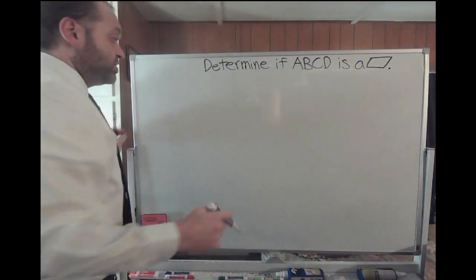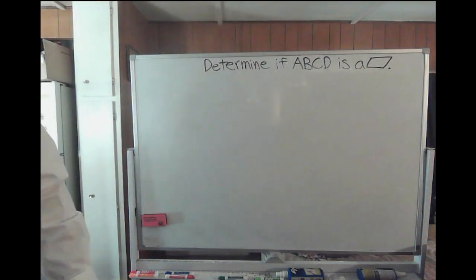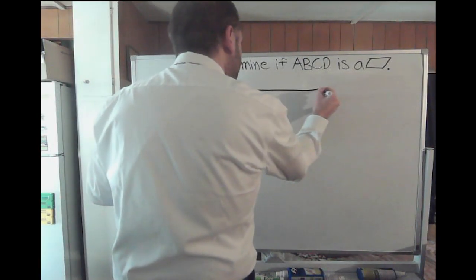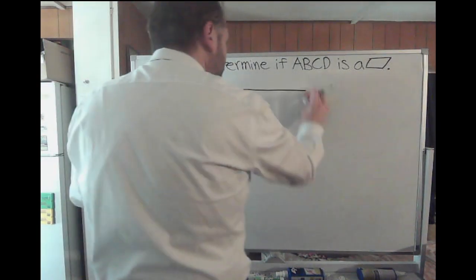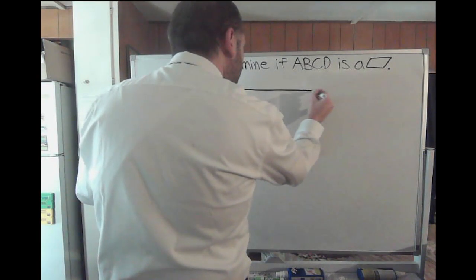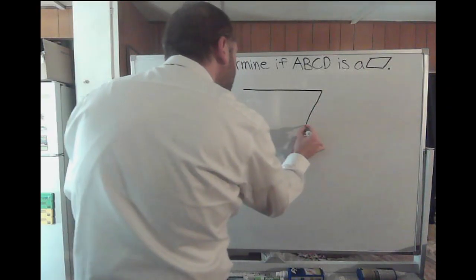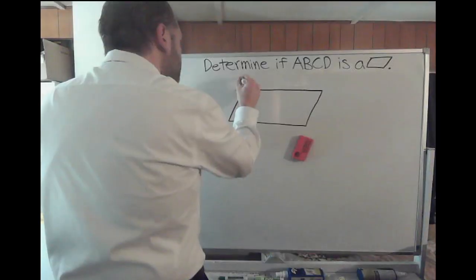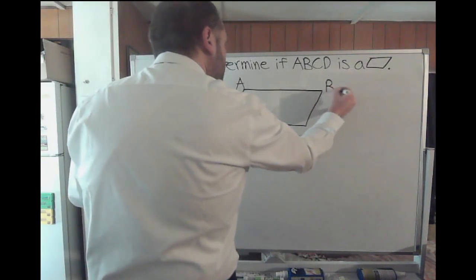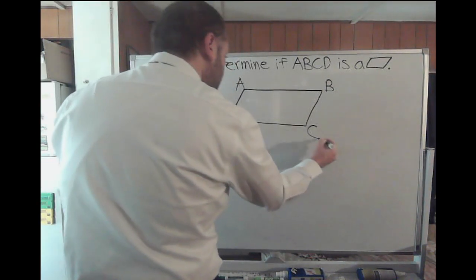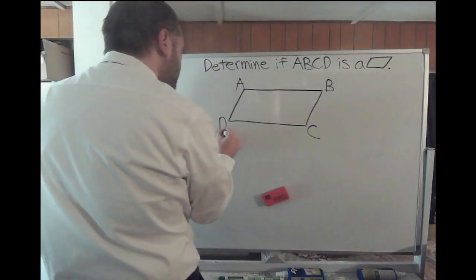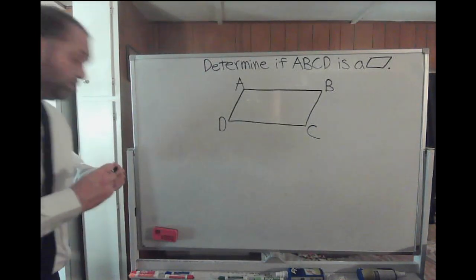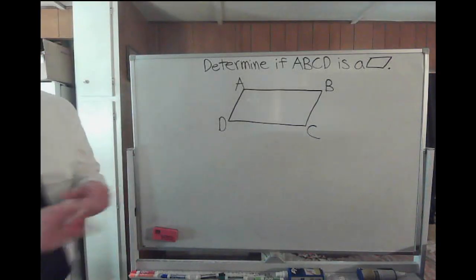So we're going to determine if quadrilateral ABCD is a parallelogram in these next 4 exercises. Well, I shouldn't have an up curve there. So ABCD. So here is our first quadrilateral. Let's see what information we've been given.